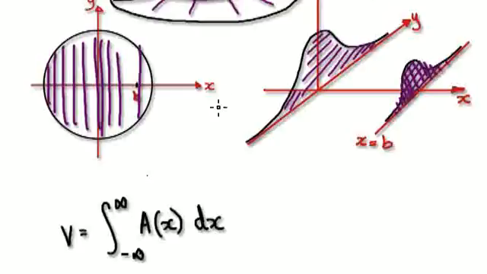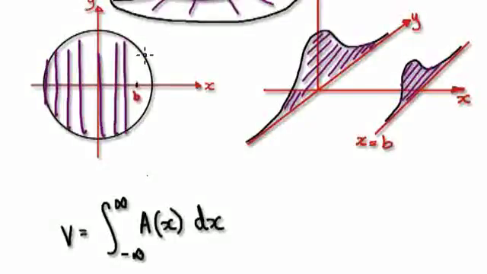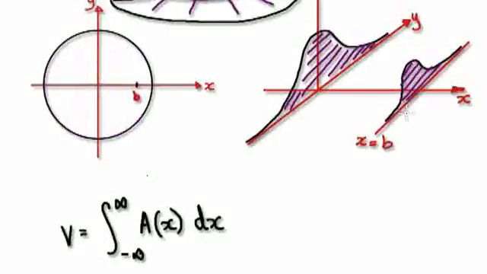So here we are moving in the x direction, but if you want to know this area here, you need to move in the y direction. To obtain this area, we need to know the height of this thing each step of the way, and each step is in the y direction.